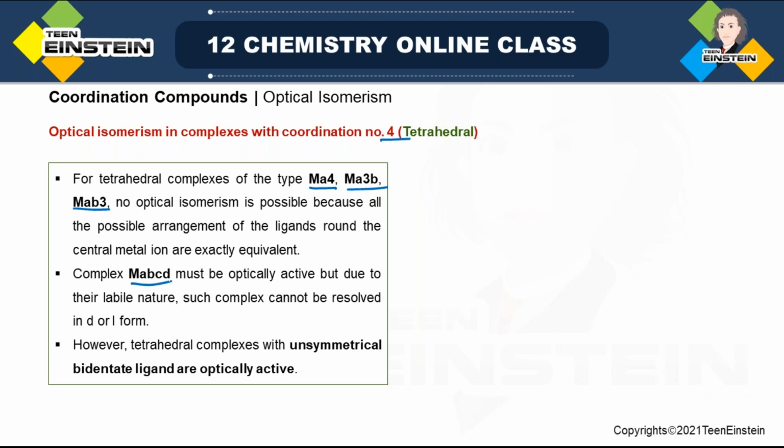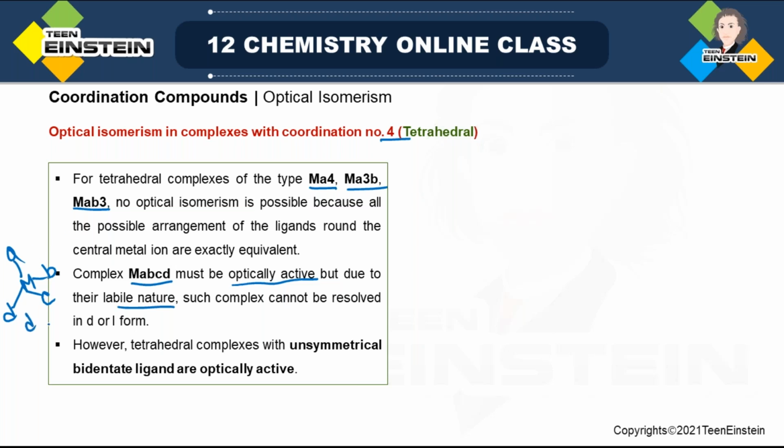Fine. Now this you have also seen when we discussed geometrical isomerism in the case of square planar. When it is MABCD, it seems at first glance that optical activity is possible. Actually, theoretically it is obviously possible, but because of the labile nature... Labile nature means, suppose we have M, A, B, C, D, and if you take its mirror image, these two are obviously optically active and related to each other as enantiomers.